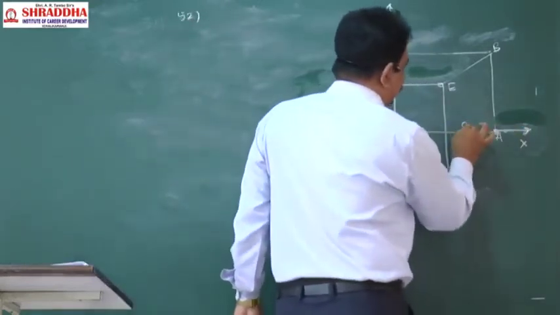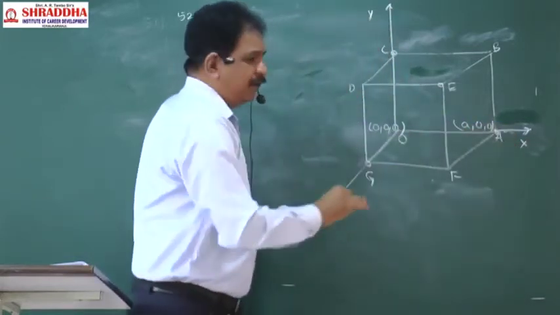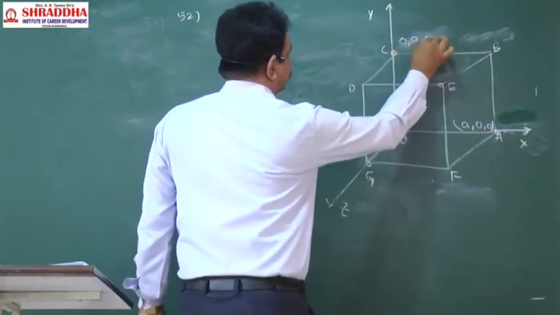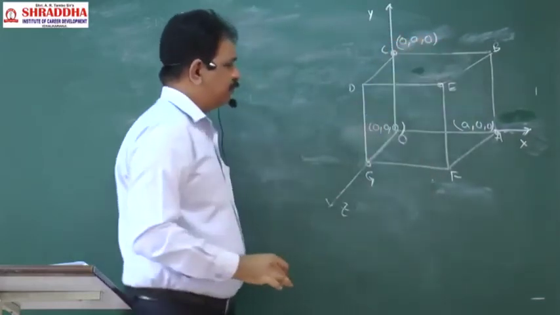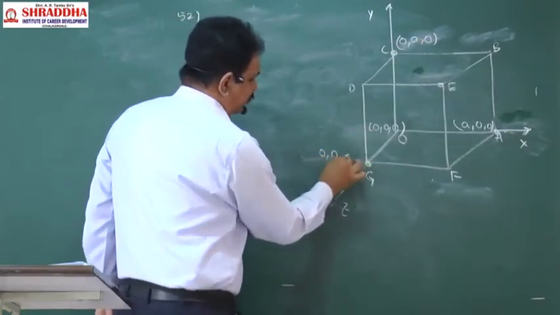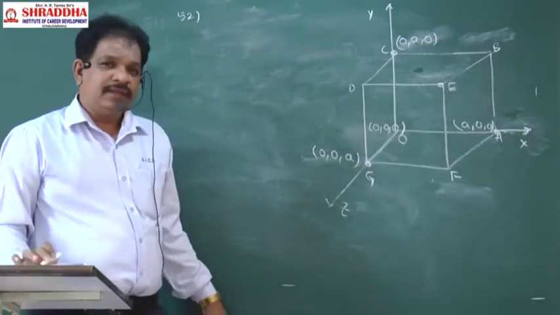So it will be A, 0, 0. Like this. It is completely on the y-axis. 0, A, 0. This is completely on the z-axis, that point. 0, 0, A. Clear?